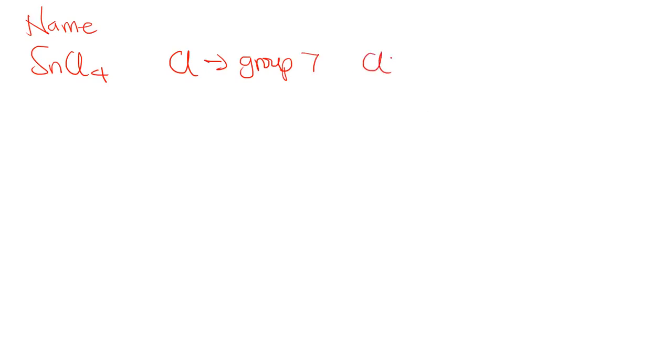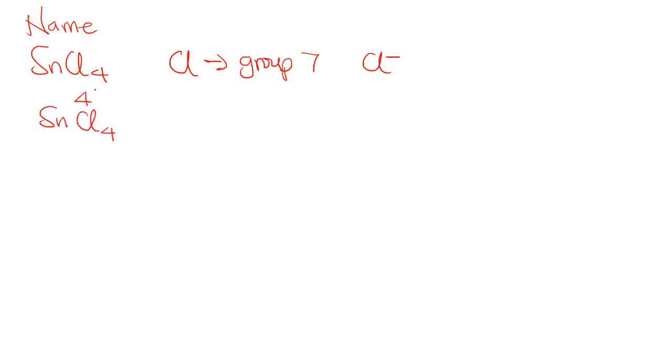Let's look at another ion. Name the following: SnCl4. As usual, Cl is in group 7. And because of that, the Cl will be Cl minus. But here, we have 4 of them.